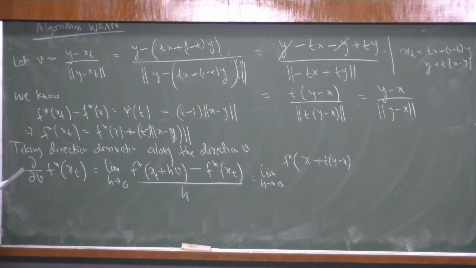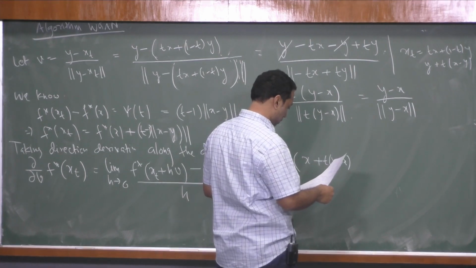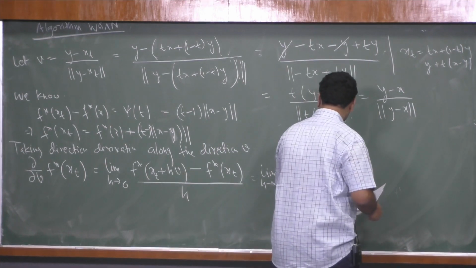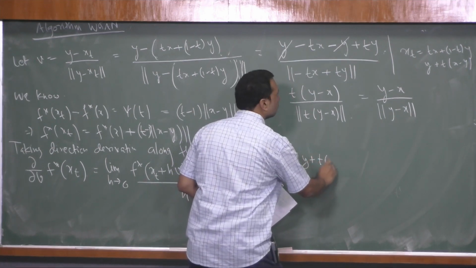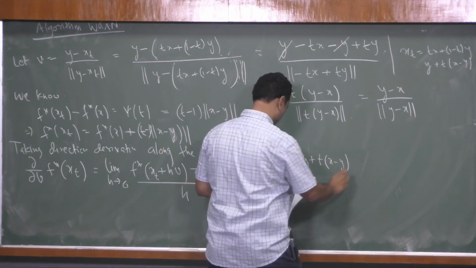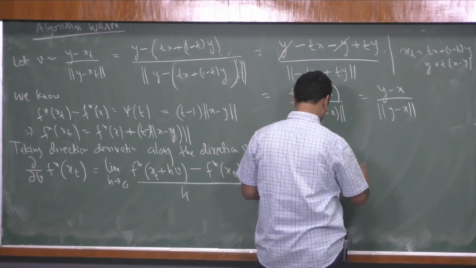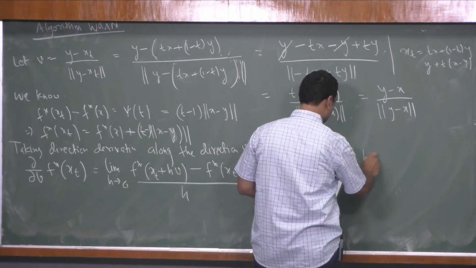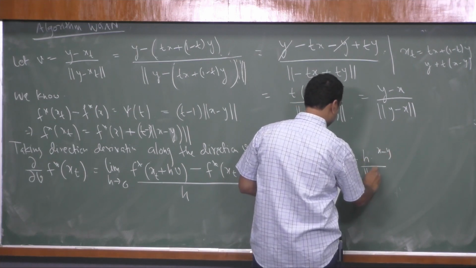I can keep x minus y or y minus x, it doesn't matter. Eventually they should get cancelled. So let us write it as y plus t. There are a lot of mistakes going on. And then plus, in the h I will do x minus y divided by norm of x minus y.